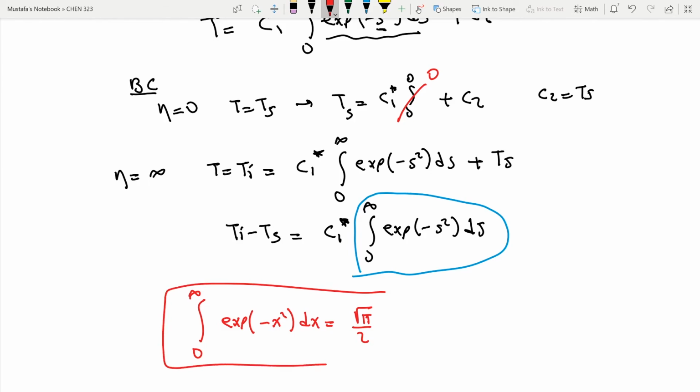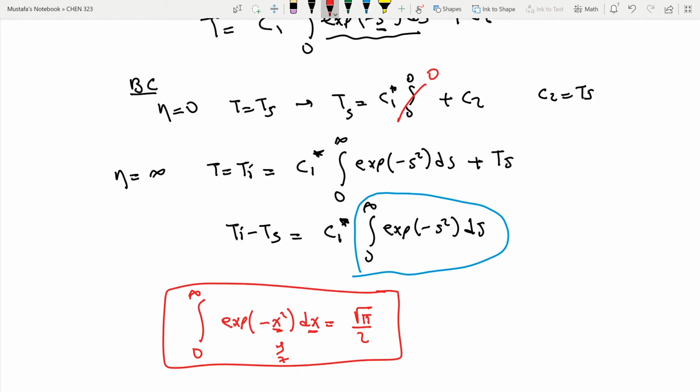This is a known integral, so you don't need to memorize it, but you need to remember that when you are dealing with e to the minus x squared, this can be y, z, any letter you like, as long as we have these two here in the exponent and in the differential, the solution of this integral is square root of pi over 2.